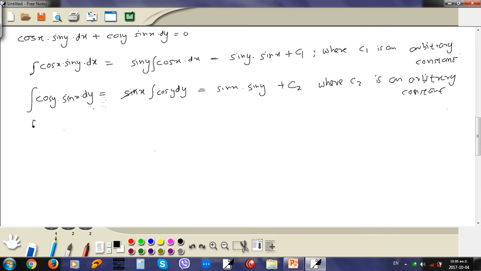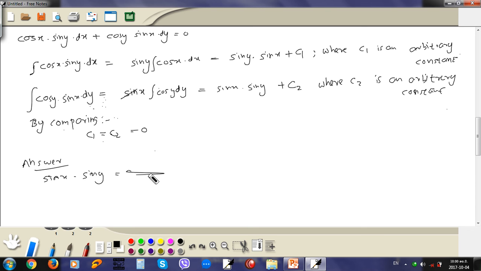By comparing these two, you can write c1 equals c2, so it doesn't matter. Then we can write the answer in this form: sin x sin y equals c.